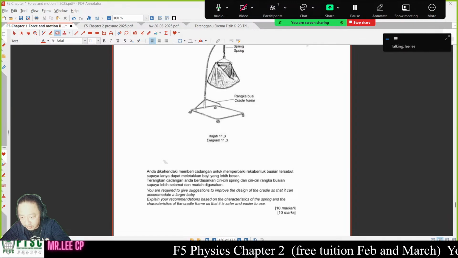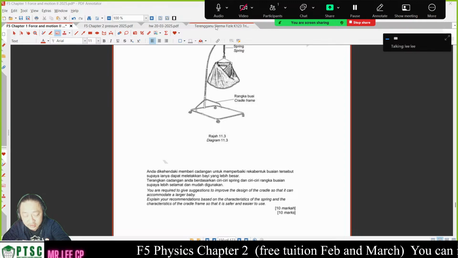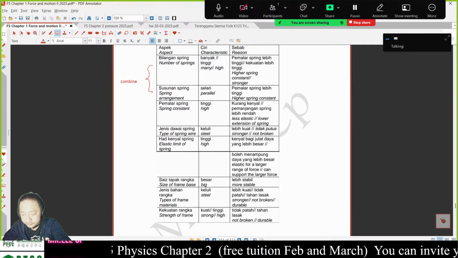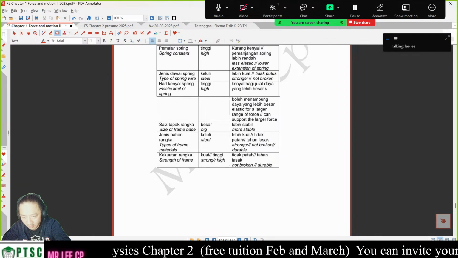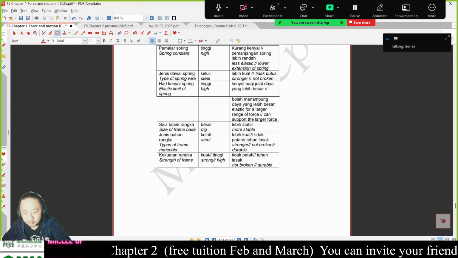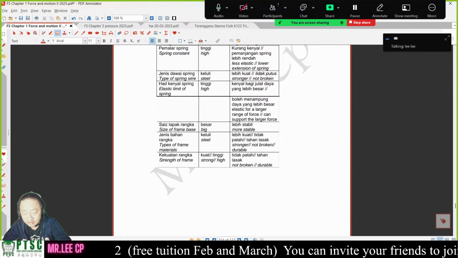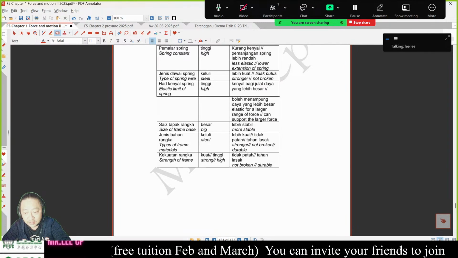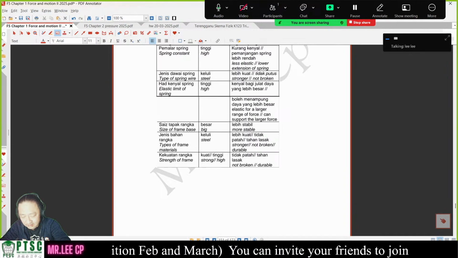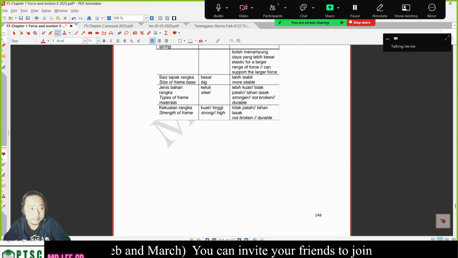So this one is big, the bottom is big, so it is stable. And then the material is still very good. Material of the frame is steel, so cannot rust easily. And then strong frame, so not break easily. Okay, this is the answer.